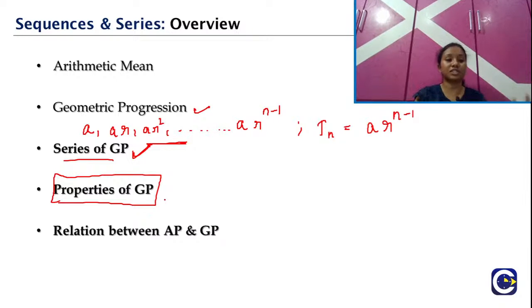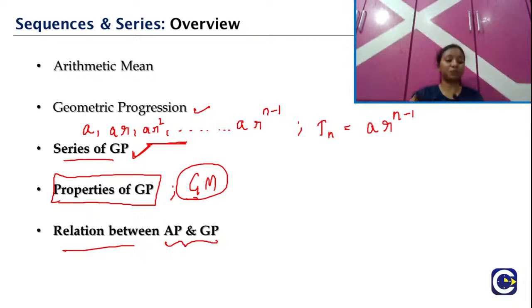After this, we are going to discuss the geometric mean, GM, in a similar way to how we discussed the arithmetic mean. After that, we are going to see the typical relation between the arithmetic mean and the geometric mean.